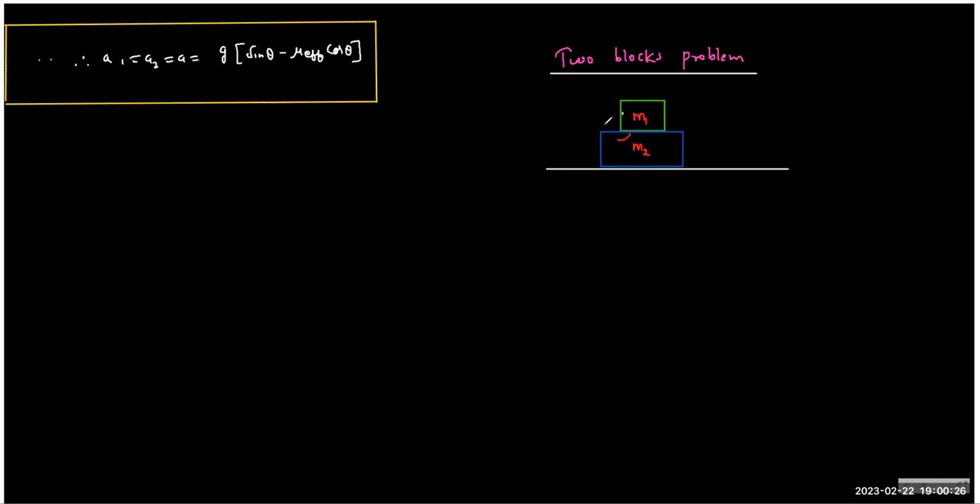We have 2 blocks, M1 and M2, and the coefficient of friction between them is mu, which will represent both mu k and mu s. I'm taking the bottom as frictionless.